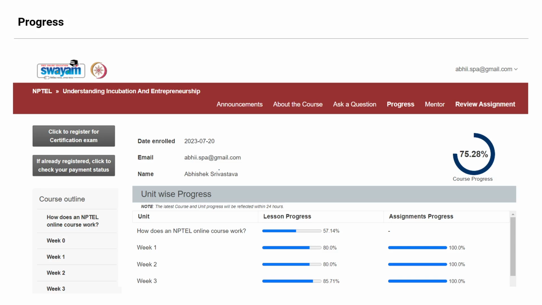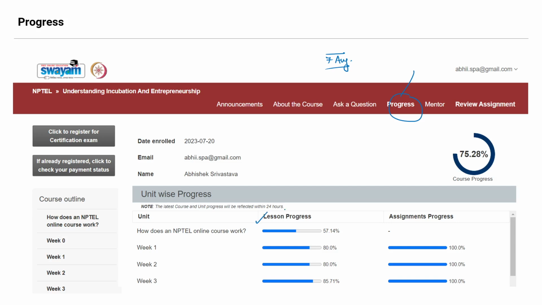All right. So this is basically how your progress page looks like. I'm not sure whether you are still able to see it because the week 1 and 2 deadline was 7th of August. It's one day left for that. So probably day after tomorrow, you'll be able to see how your unit wise progress looks like.